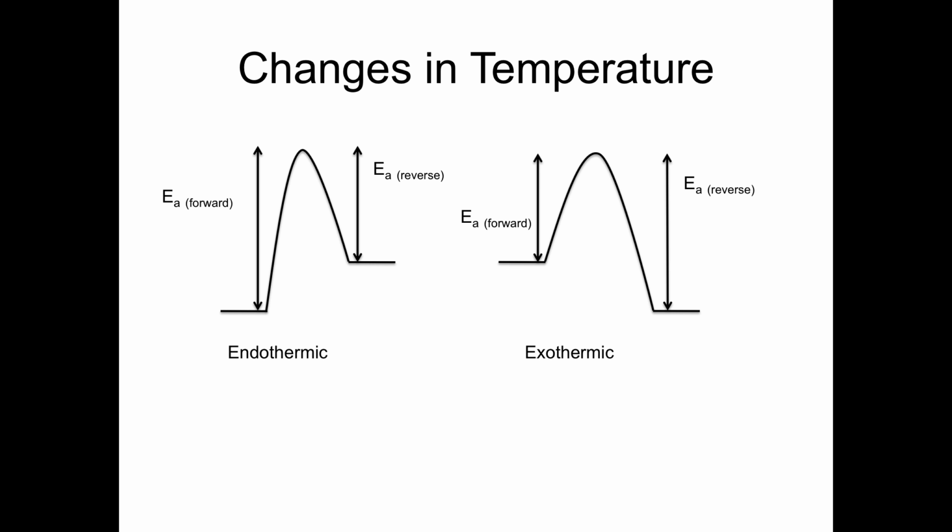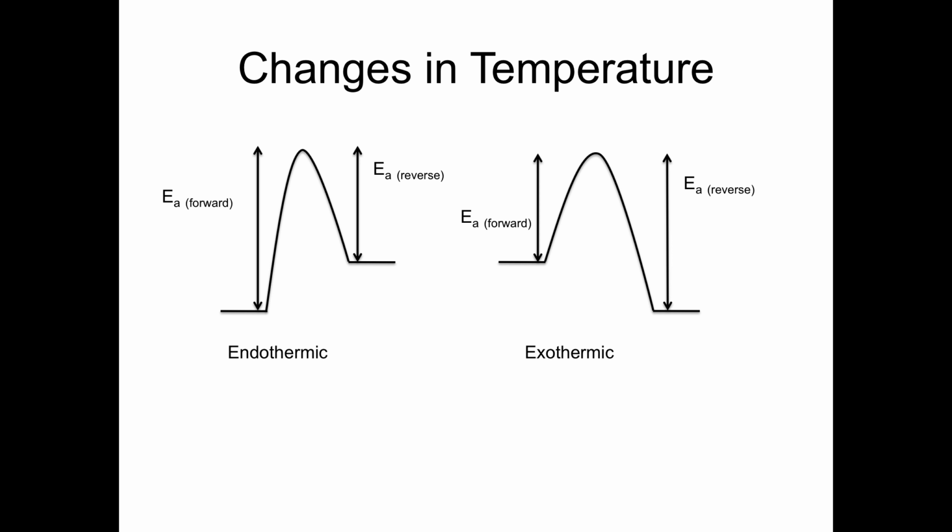So let's look at the potential energy profiles of exothermic versus endothermic reactions. On the left, we have an endothermic reaction. We can see that the forward reaction's activation energy is larger than the reverse reaction's activation energy, and it's the activation energy which determines how fast the reaction goes.